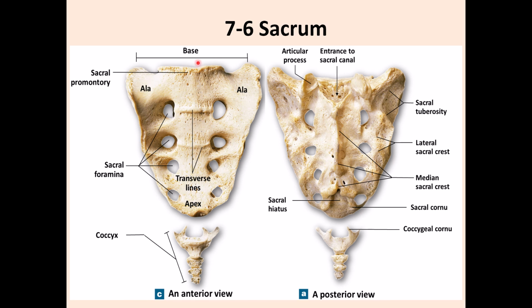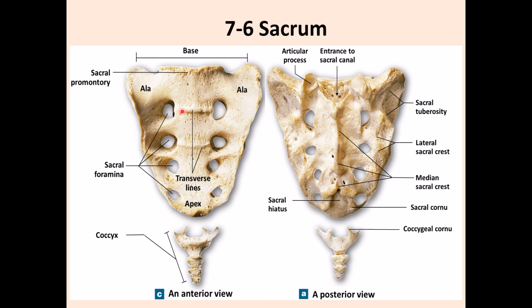The sacrum is triangular in shape. The lower part is called the apex. The upper part is called the base. It has two surfaces, anterior and posterior. In the anterior view, this flat area is called the ala or wing.